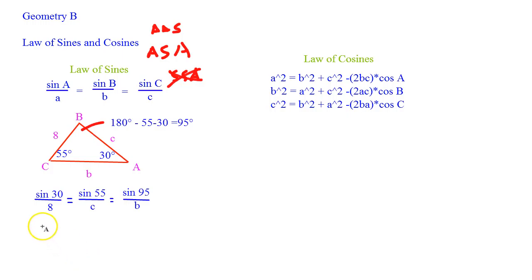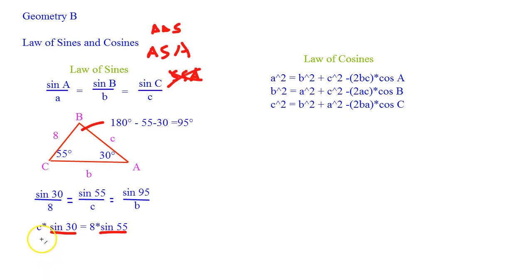If we cross multiply with the first one, we get C times sine of 30 equals 8 times sine of 55. Remember, these are just two decimals, so it's C times some decimal equals 8 times some decimal. So what do I need to do?